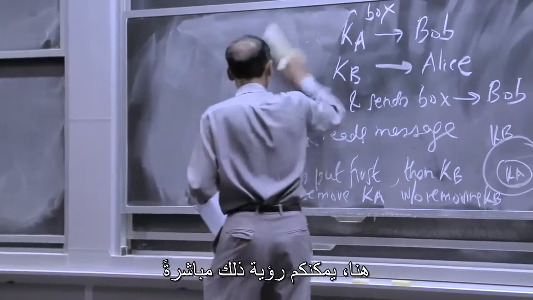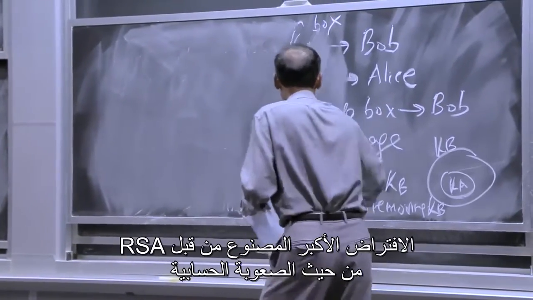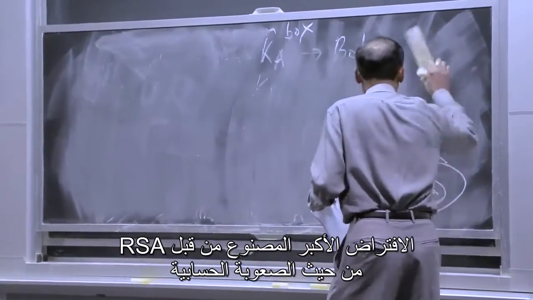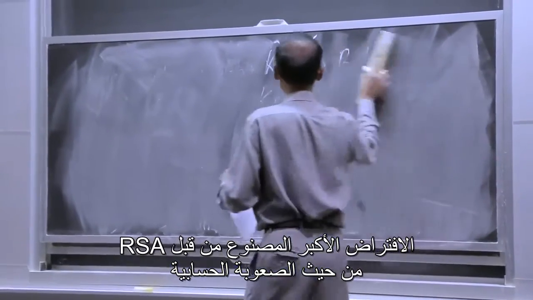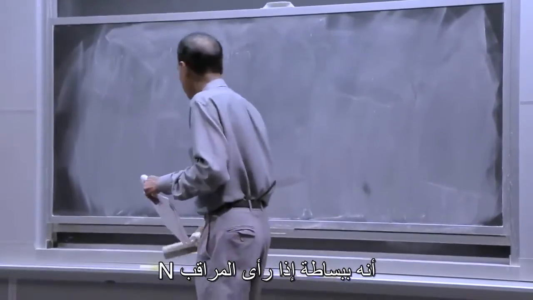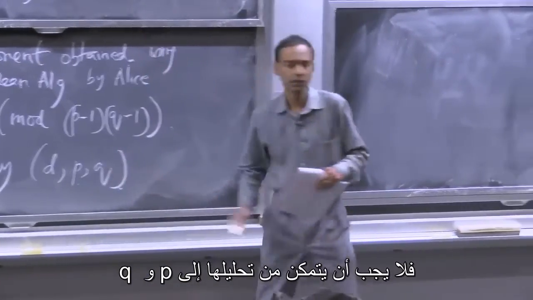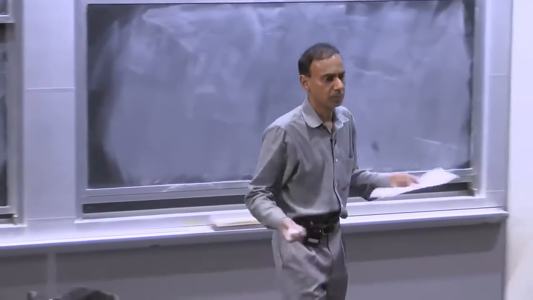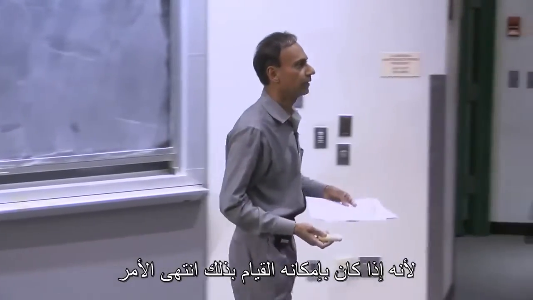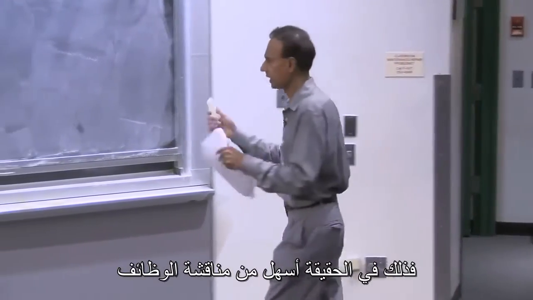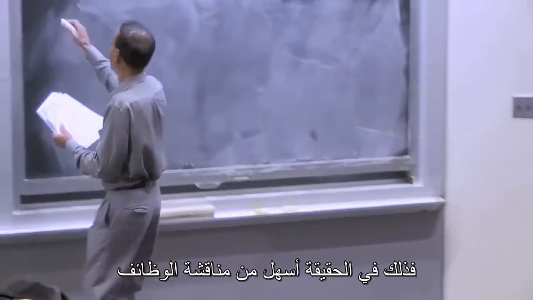Right here, you can just see that immediately. The biggest assumption made by RSA from a computational hardness standpoint is simply that if the adversary sees n, they should not be able to factor it into P and Q, because if they can do that, it's over, right? So that's actually easier than the functionality argument.